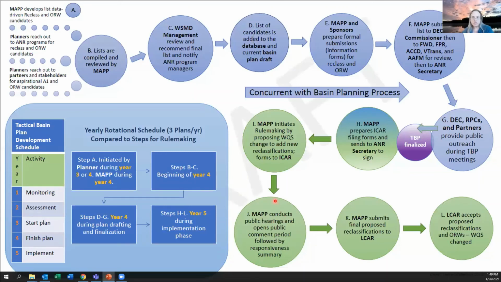Again, those land use implications. We don't want anybody going into this and coming out and saying, what the heck did you do? We want to make sure there's good public buy-in. But it is a legislative decision on whether or not this goes forward. So we have to do public outreach, public hearings, and do the same thing we do for the basin plan, collect public comments and respond to those.